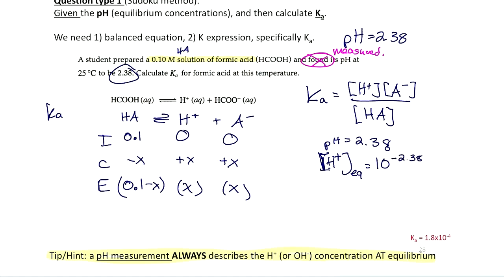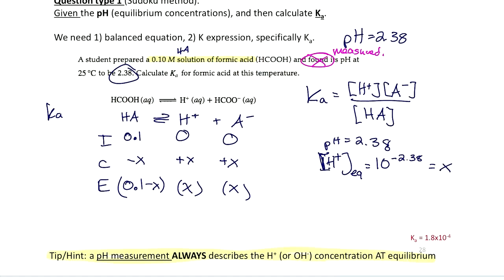When we undo the pH, that is the H plus concentration at equilibrium. Can we figure out what X is then? Yes, because based upon the ICE table, X is the concentration of H plus at equilibrium. So whatever this answer is, that's X. There's your hint to the rest of the ICE table.